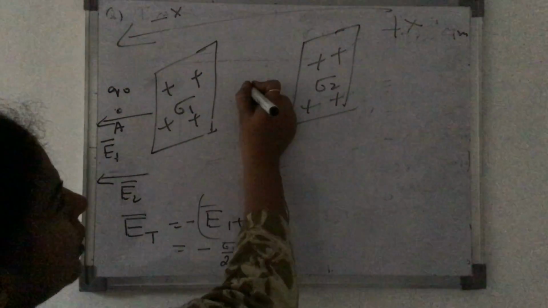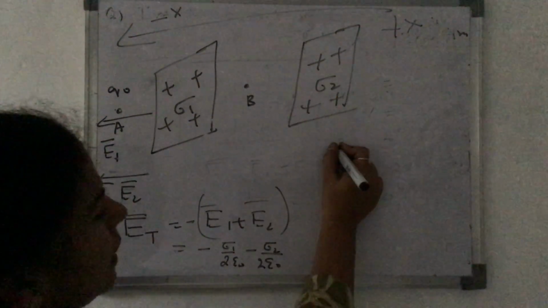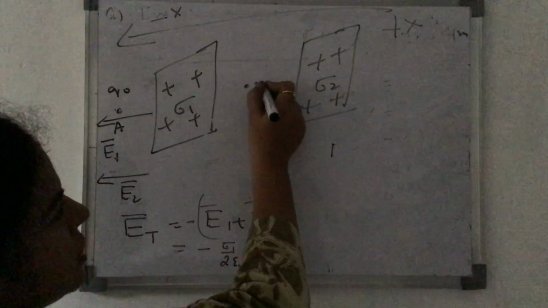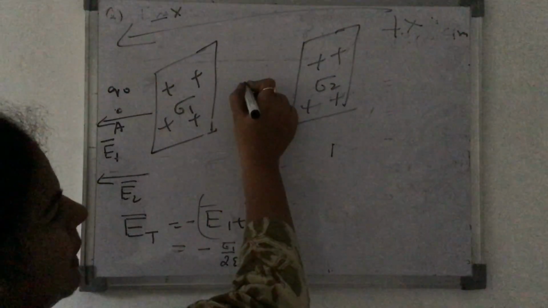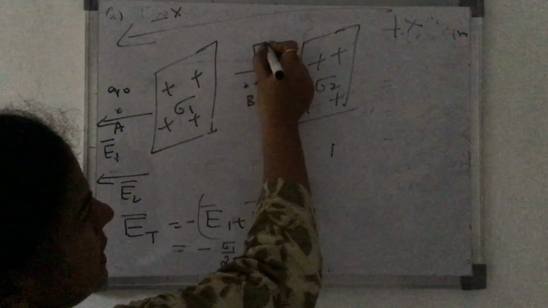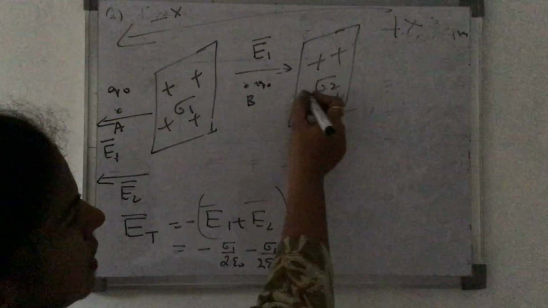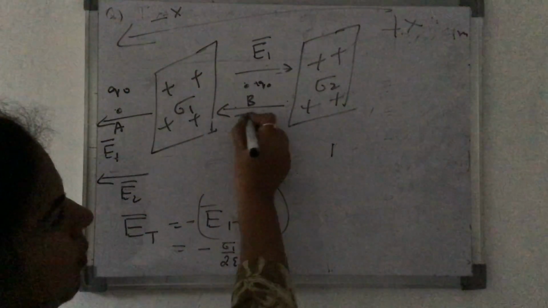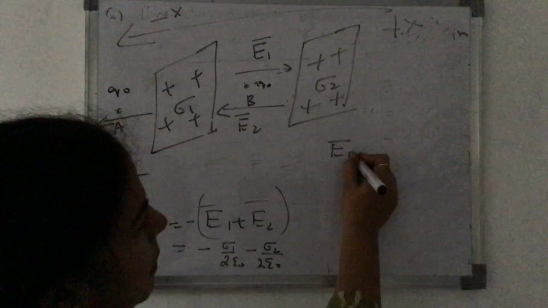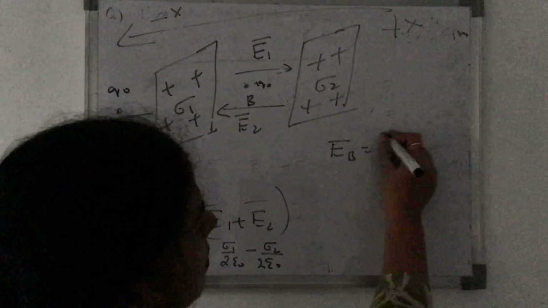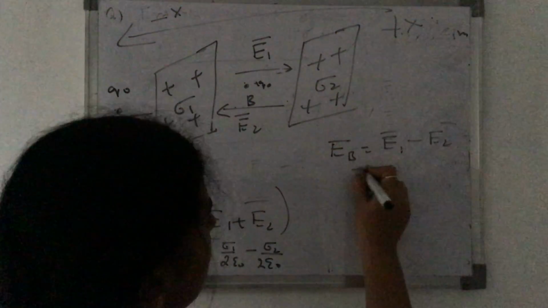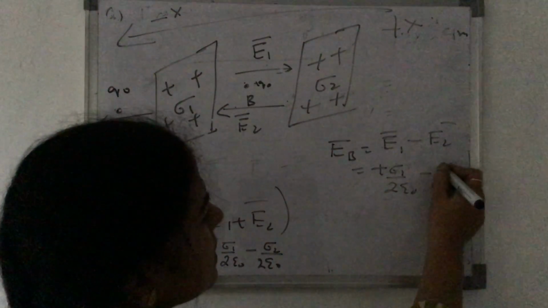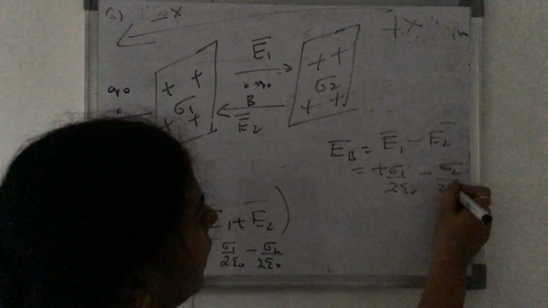Now if I have to find out the electric field at point B, again I imagine the unit positive charge; plus and plus will repel, so this is E1 in this direction, and E2 again repels, in the opposite direction. So at point B it becomes E1 minus E2, so it becomes plus sigma 1 by 2 epsilon naught minus sigma 2 by 2 epsilon naught.